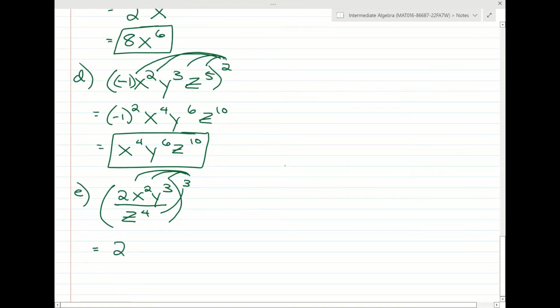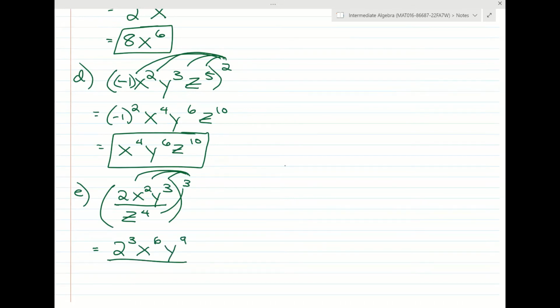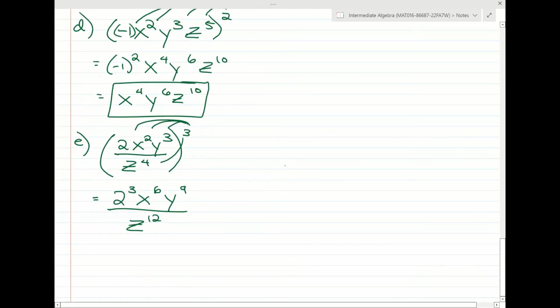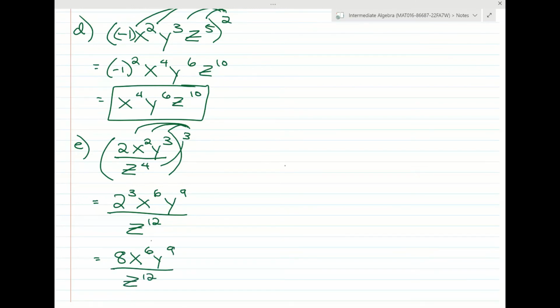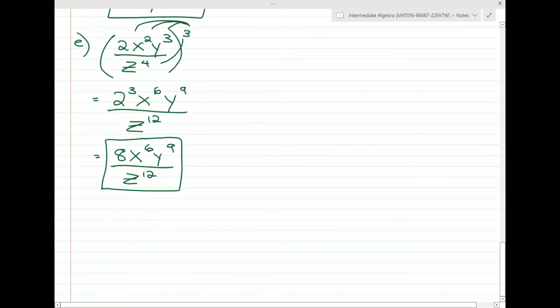So this is 2 to the third, x to the sixth, y to the ninth, over z to the 12th. Or 8x to the sixth, y to the ninth, over z to the 12th. So those are some examples using the power to a power property. We'll look at some other ones here.